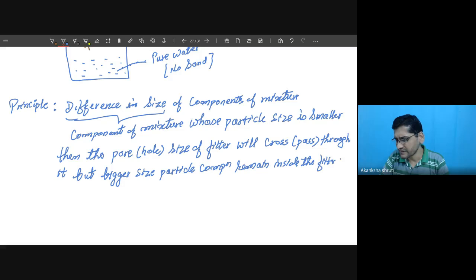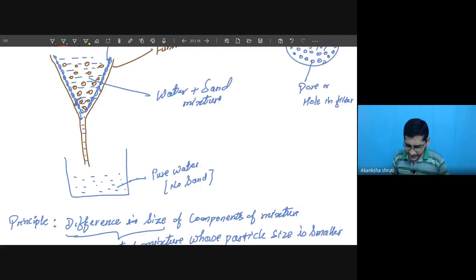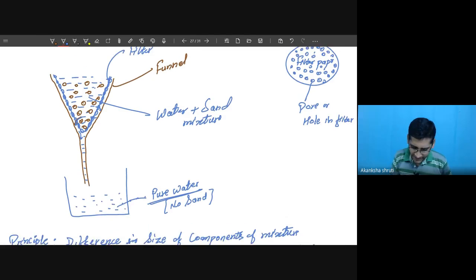Okay, this is the principle. Where it is used, are you getting? Lastly, you will get the pure water on this side, but the sand will remain collected here.